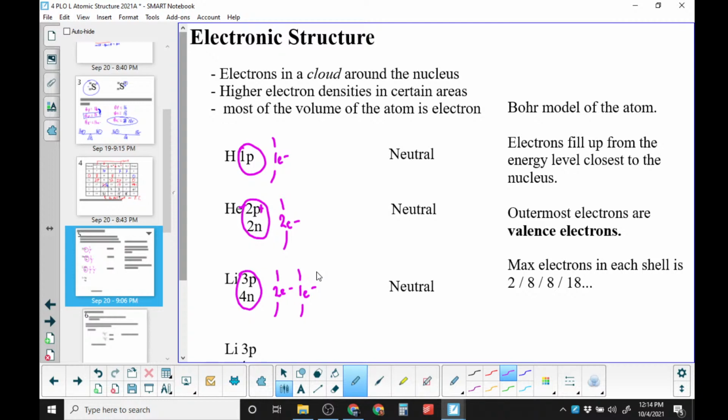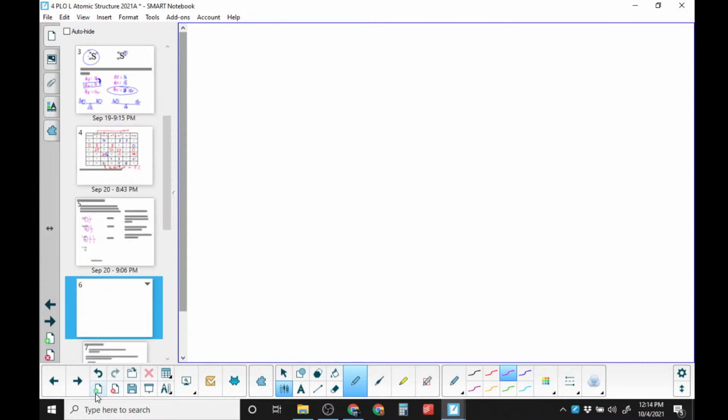And just to give you a little tiny preview, if we were to do an atom, it would have in the first shell 2, and then 8. Oops, that's a bad 8. 2, 8, 8, 18, 18.